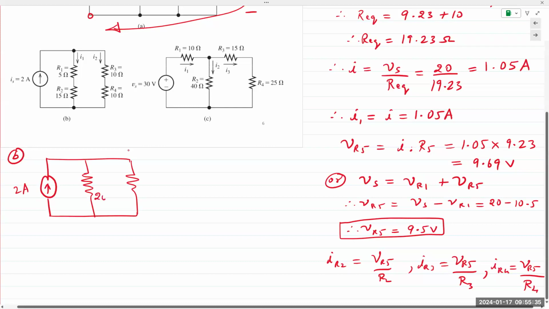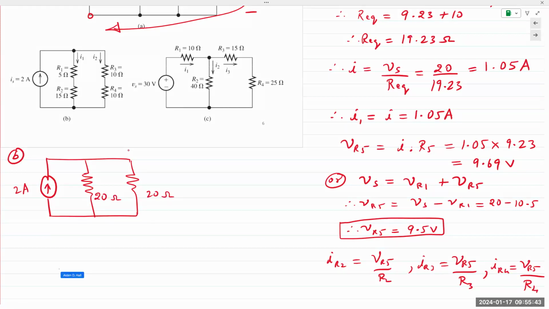So this is 20. This is 20. Another easy technique to keep in mind: if you have a parallel network of resistances and all of them are the same value, the answer is simply the resistance value divided by N, the number of resistors.